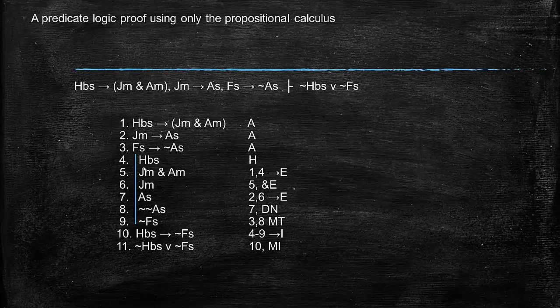So I hypothesize HBS, derive not FS, treating each one of these, HBS, JM, AM, AS, all as if they were just the P's and Q's of propositional logic. So you should convince yourself that you can do that. I don't think you will have any trouble with it at all, as long as you are already familiar with the procedures of propositional calculus.